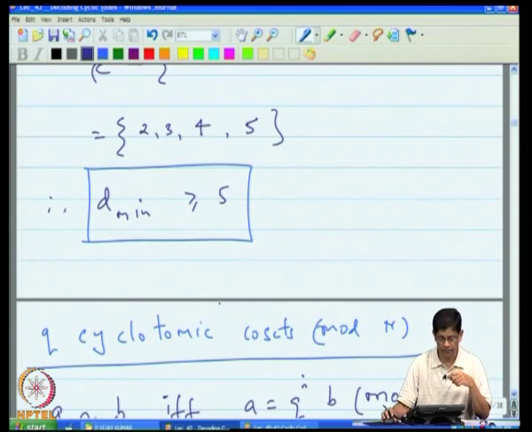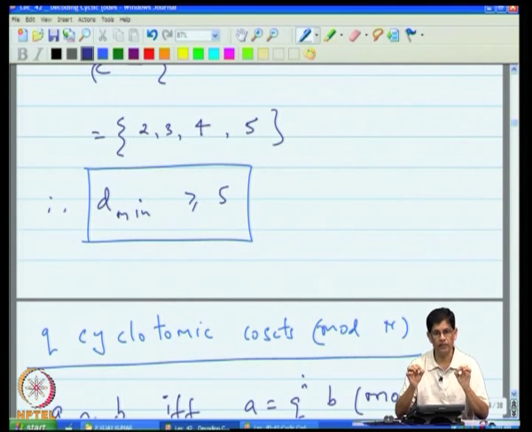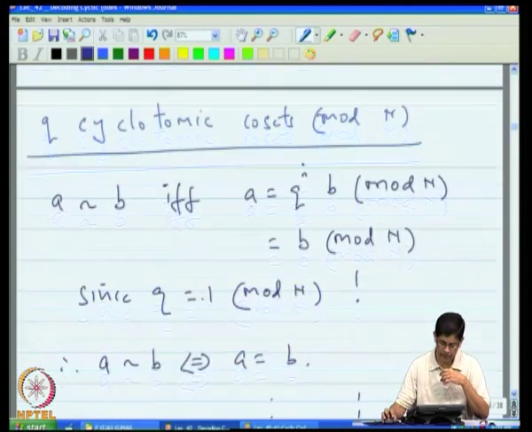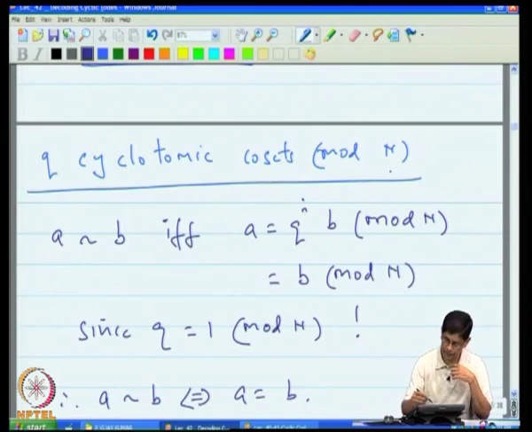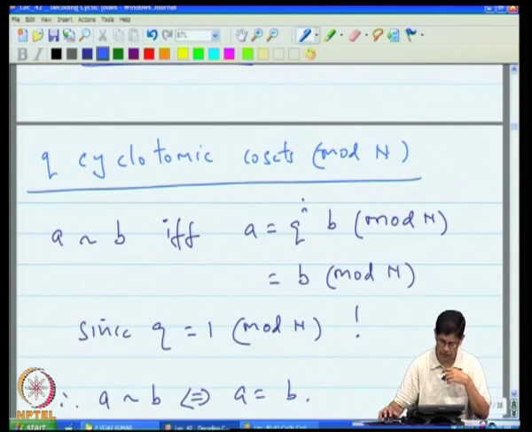But now, why am I doing all this? Because I want to say that in this particular case you can determine exactly what the null spectrum is. Why is that? Well, look at the q cyclotomic cosets mod n.